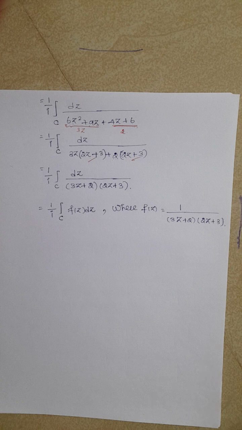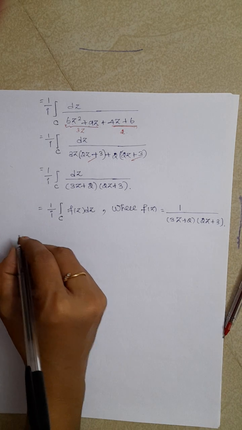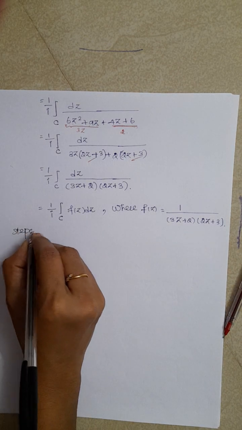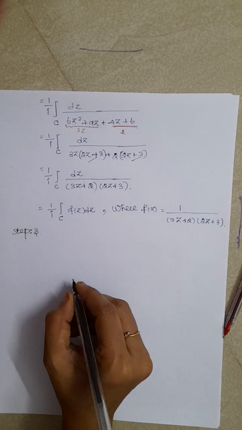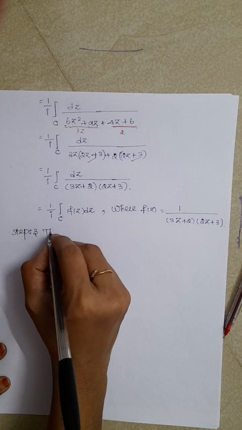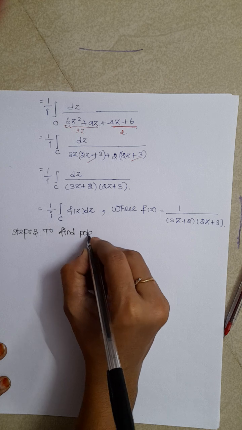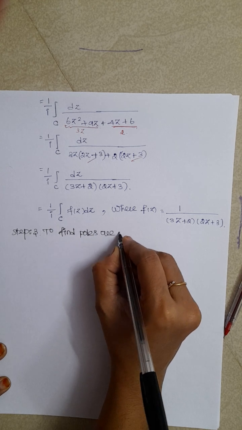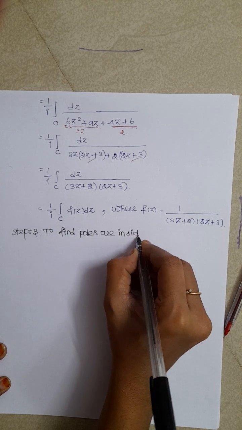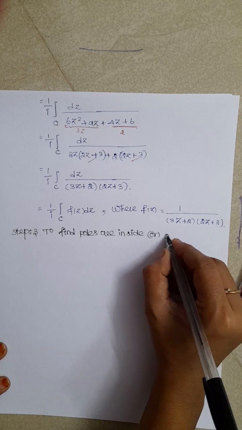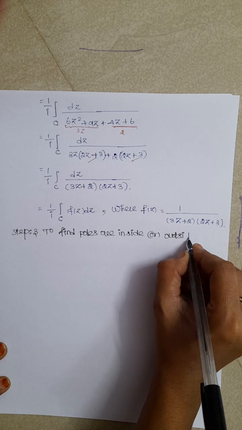So next, step number 3, to find whether the poles are inside or outside.